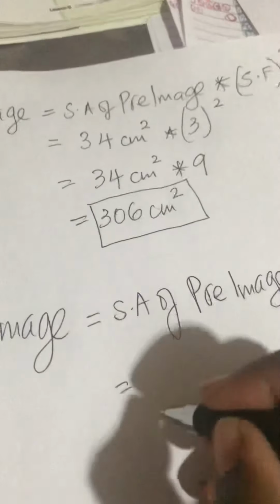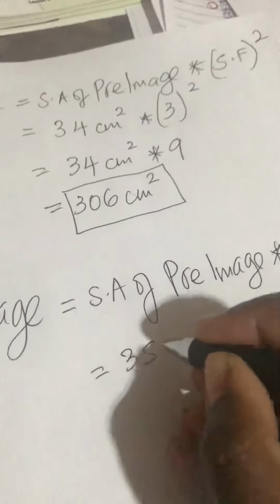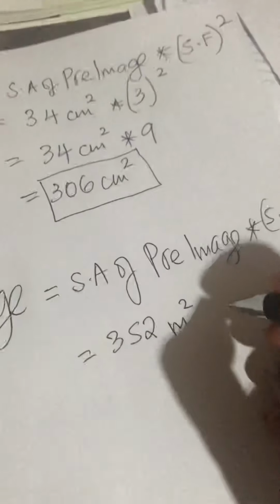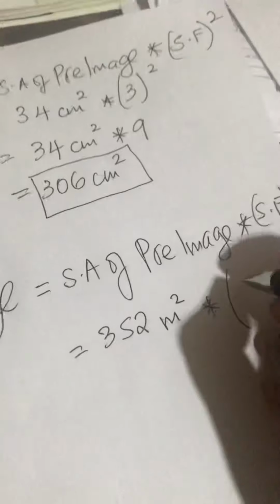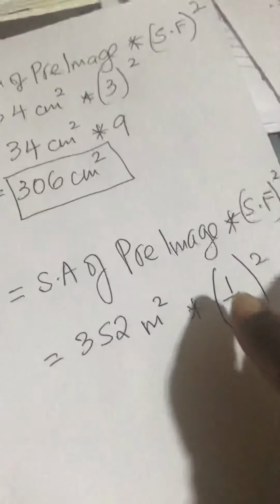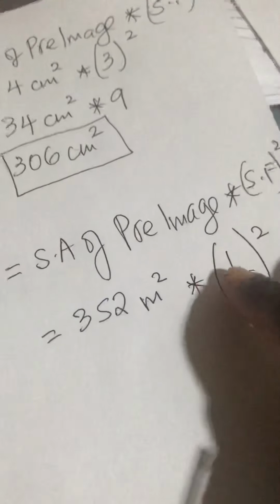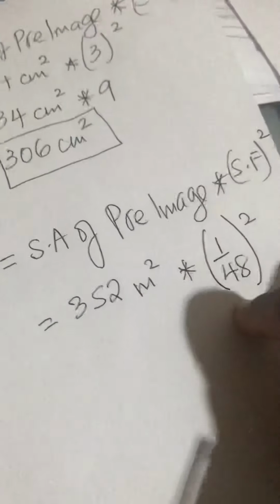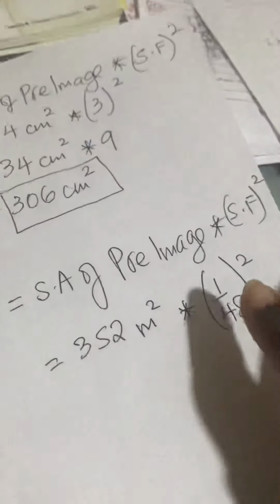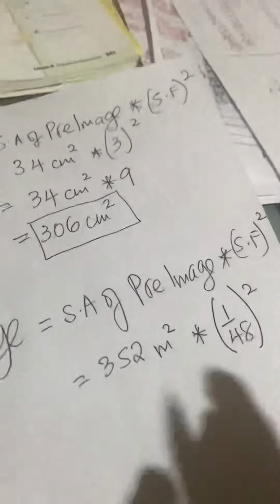Then what is my area? 352 square meters times 1 out of 48 squared. The reason why I make you use the bracket is when you have a fraction, you must use a bracket. So use a bracket, whether it is a whole number or a fraction or a decimal. Use the bracket. If you don't, your answer will not be correct.